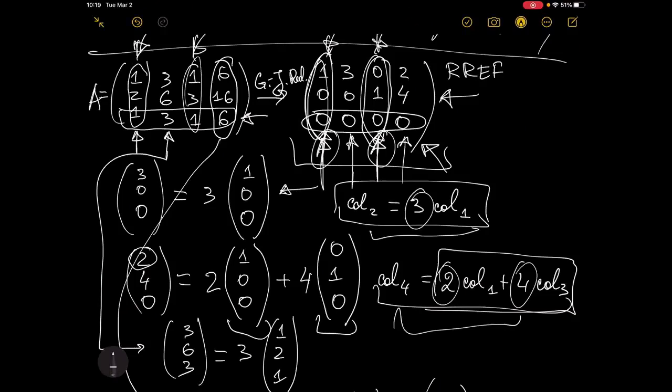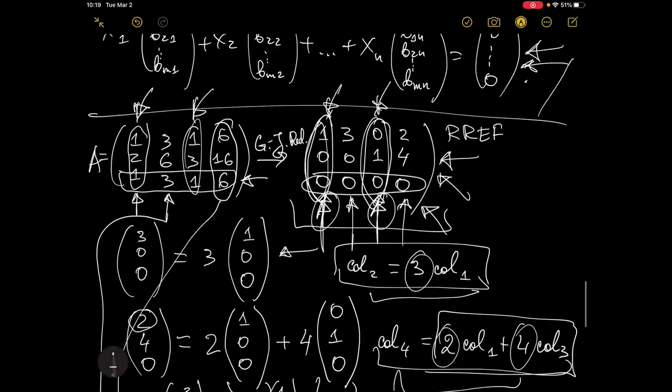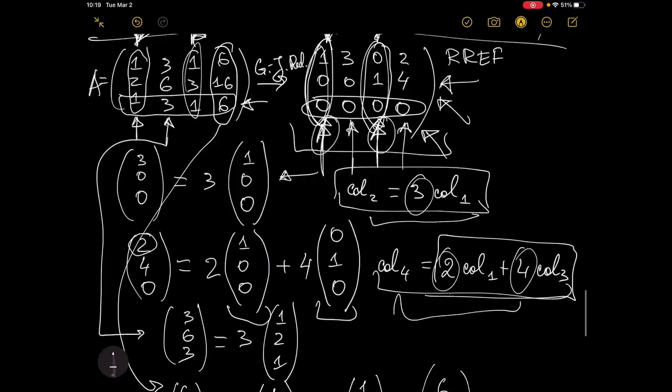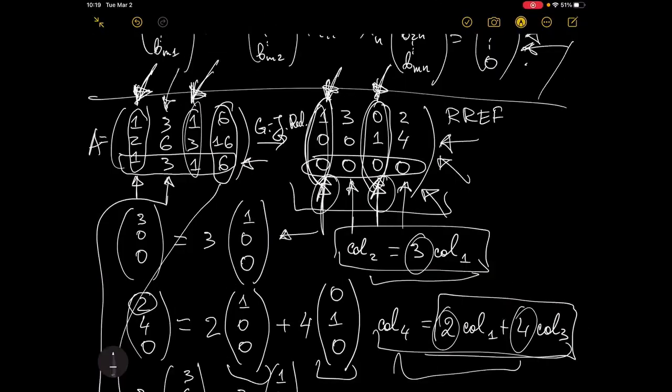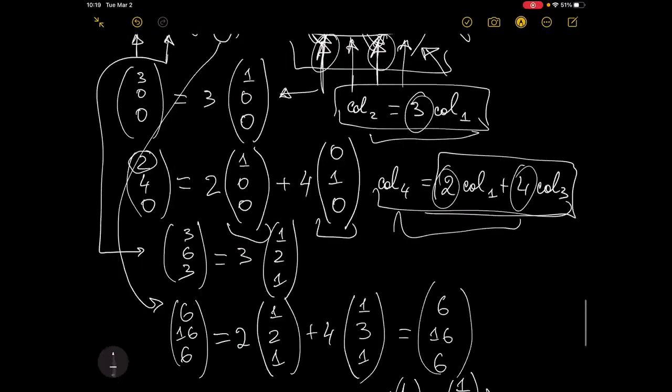I understand. Okay, now have a look. If I know the reduced row echelon form of a matrix, and I know columns corresponding to leading ones in the original matrix, I know how to get all other columns, for example, this and this, right? I know through what relations I can get other columns.